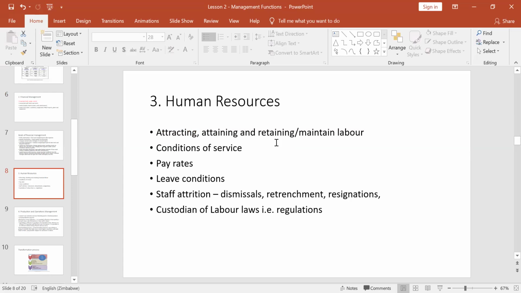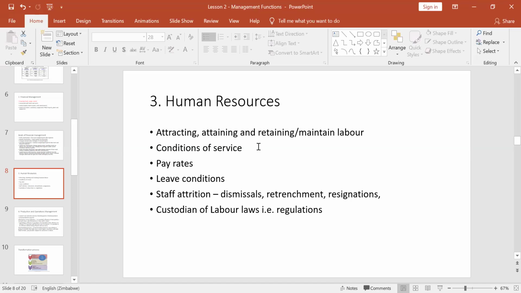What do we mean by that? Attracting human resources, they create an organizational culture that will make people want to work for that organization, and they receive the applications. They are the ones who headhunt.